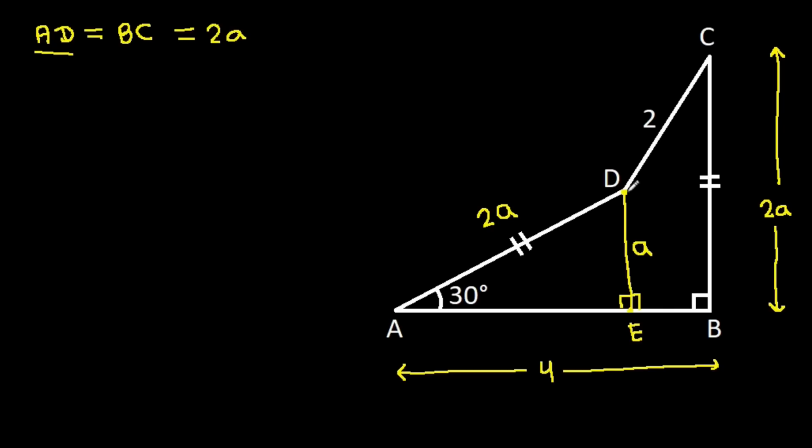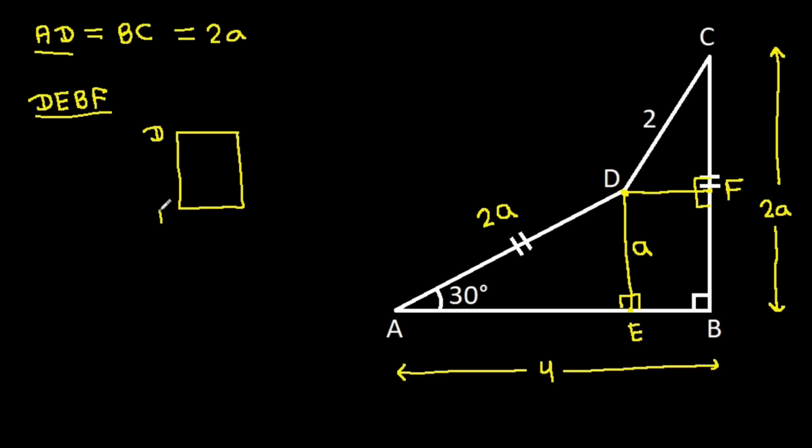And now from point D, if we draw a perpendicular on BC, suppose this point is F, then in DEBF, these three angles are 90 degrees, so this angle will also be 90 degrees, that means it will be a rectangle.